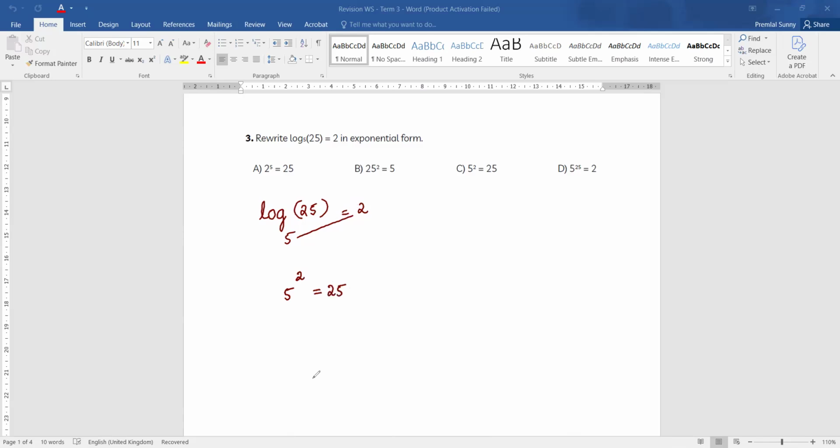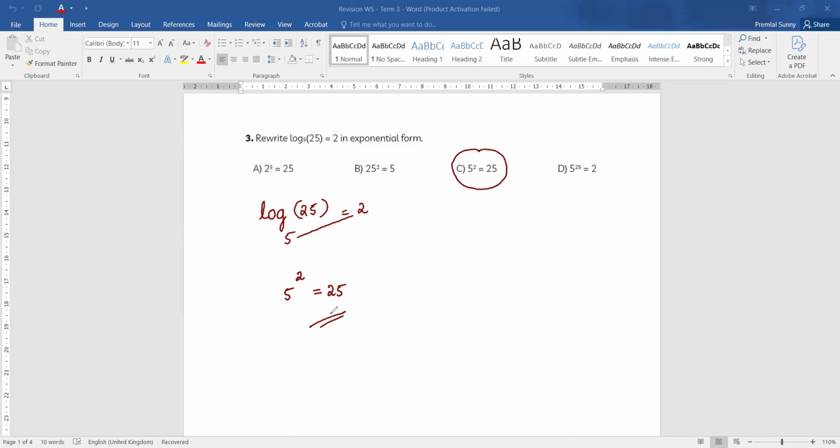So I repeat, to convert logarithm to exponential, we just draw a cross line, and the base of the logarithm, 5, will be the base of the exponential equation. Now 5 is getting connected to 2, so the exponent will be 2, giving 5 to the power of 2 equals 25. Now let's check: that is option C.